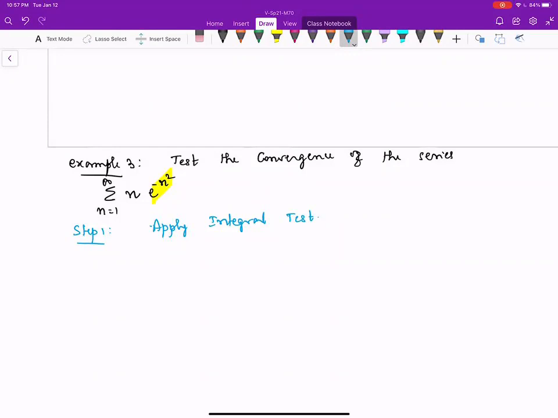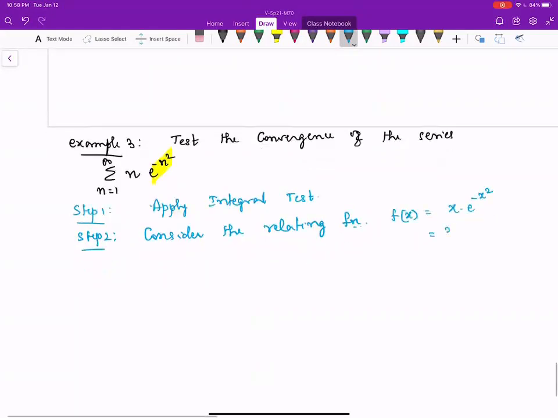So let's first consider the relating function. As you know, the relating function is obtained by replacing the n with x in the series. So it is x e to the negative x square.